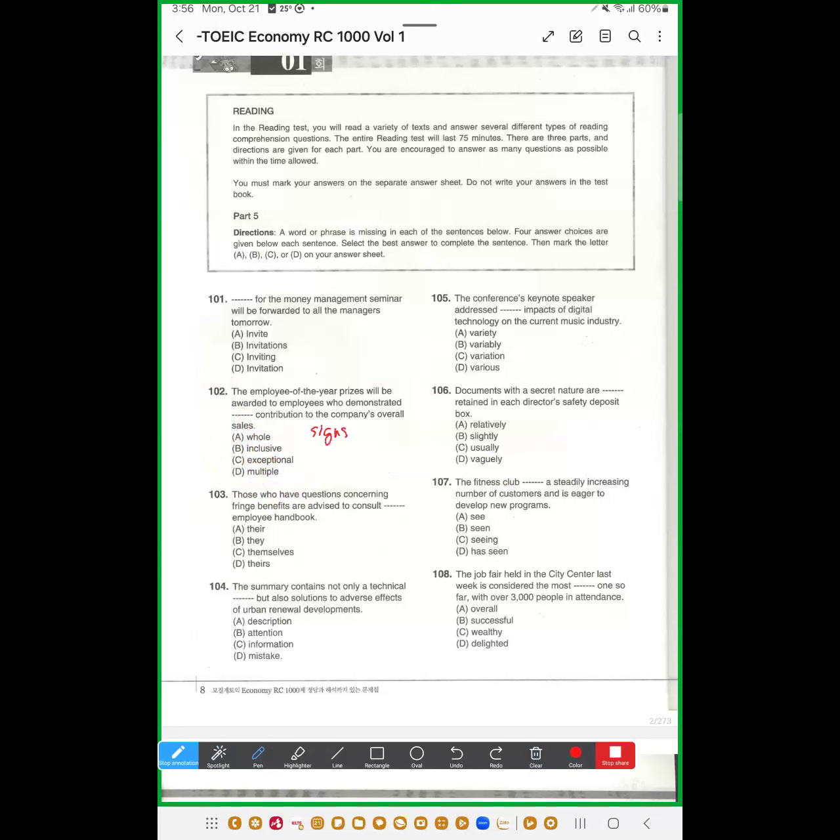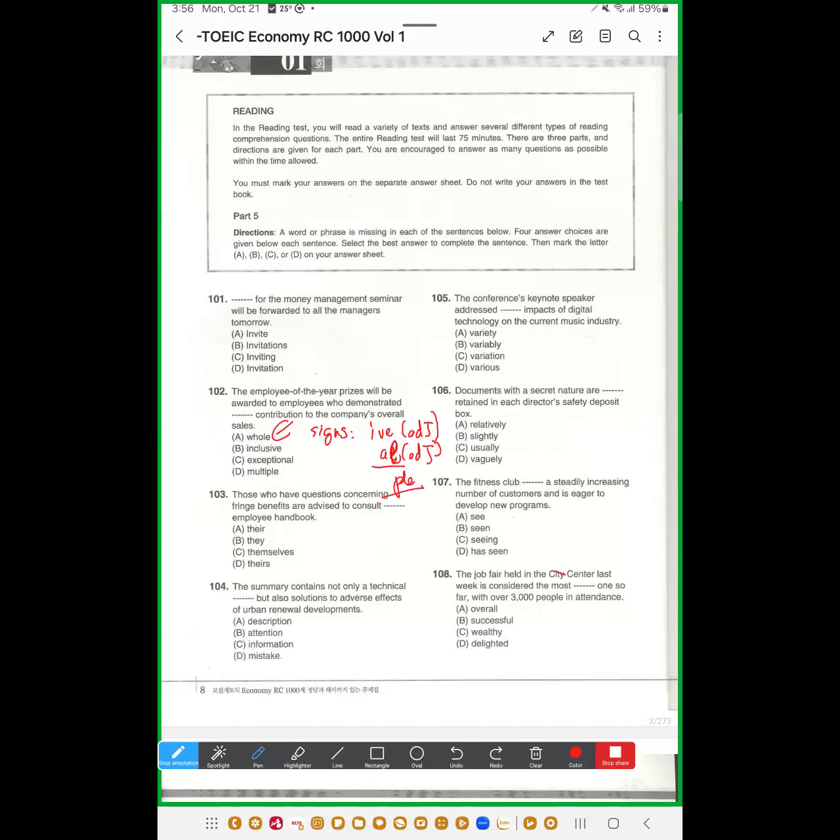So I have a few signs for you. First, you can see IVE. IVE is the sign for adjective. AL is also a sign for an adjective. And here, all is also a sign for adjective. And how, of course, that is an adjective because it is such a simple word.